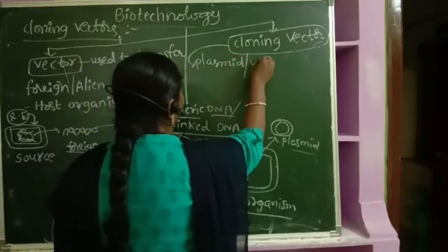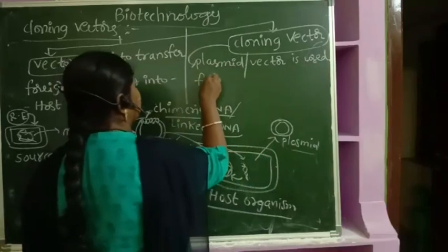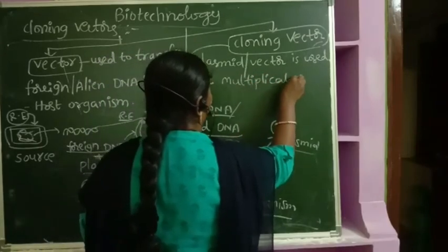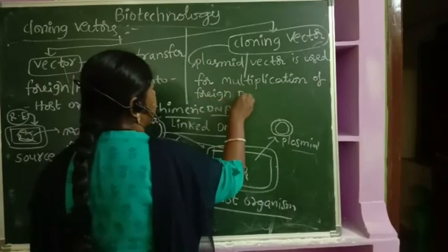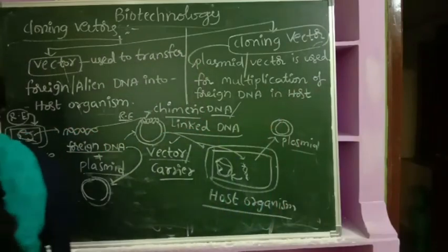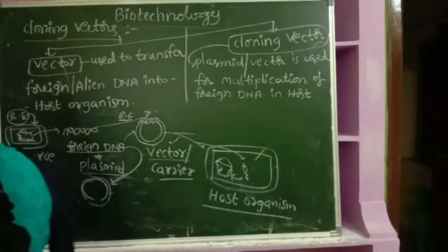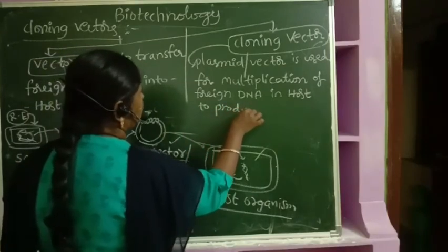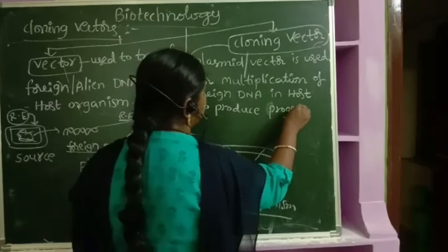A plasmid or vector is used for multiplication of foreign DNA in the host to produce daughter cells, to produce progeny cells.